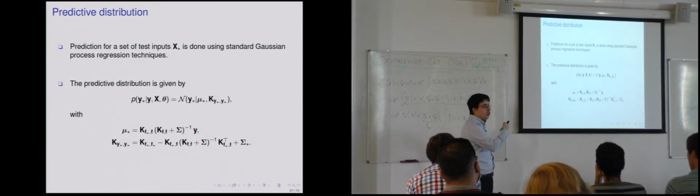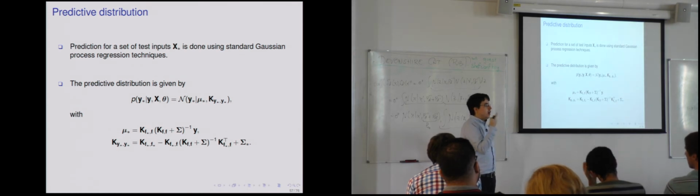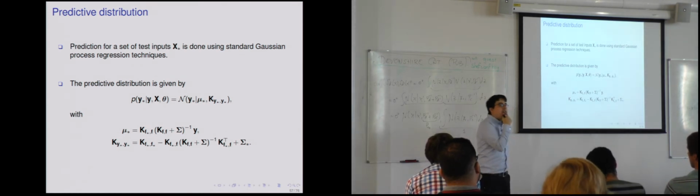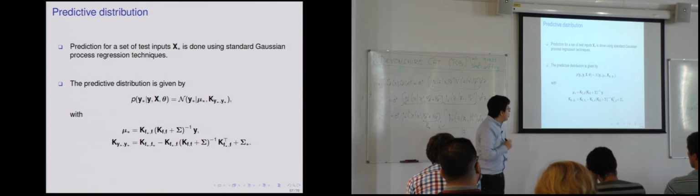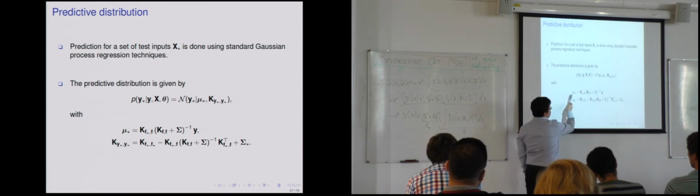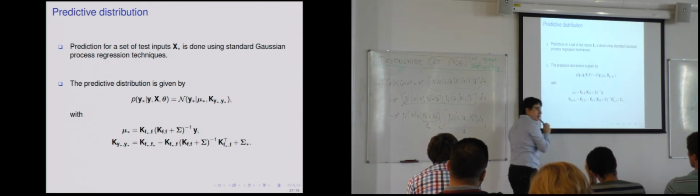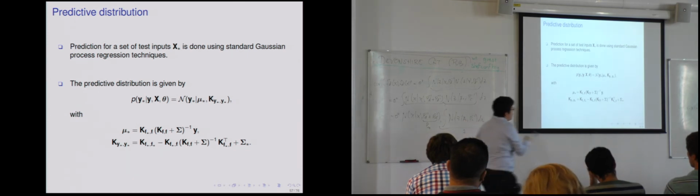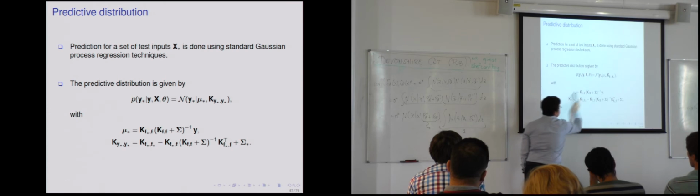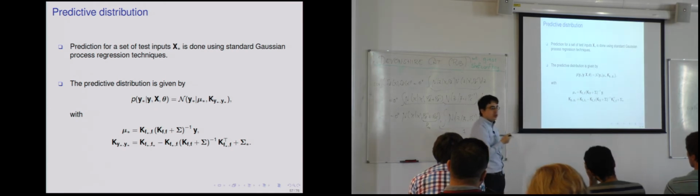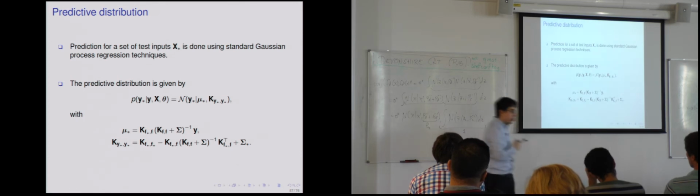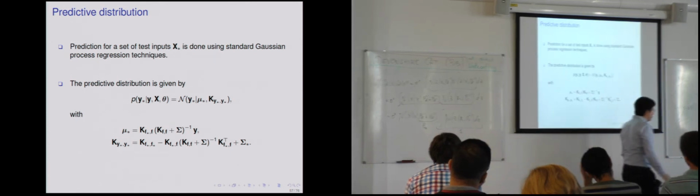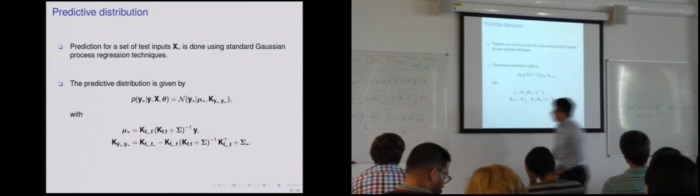What we want to see is why that happens. So this is the mean function for prediction, and we want to see how this equation turns into independent prediction when I work with the noise-free case. So let's do it here.